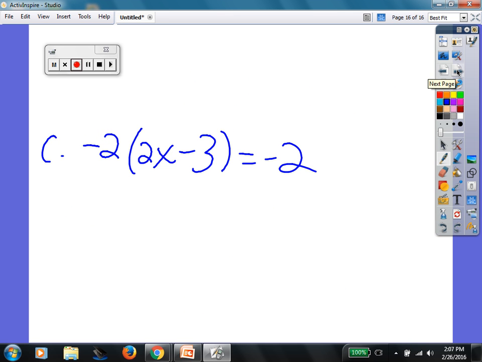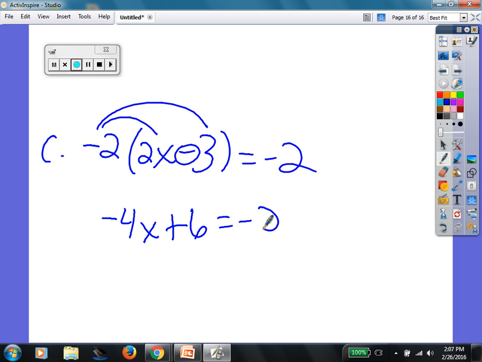Alright, and the very last one is to distribute the negative 2. Now careful, notice that's a subtraction sign there. Alright, so negative 2 times a positive 2x is going to be negative 4x. Alright, negative 2 times the negative 3 there is going to be plus 6 equals negative 2.